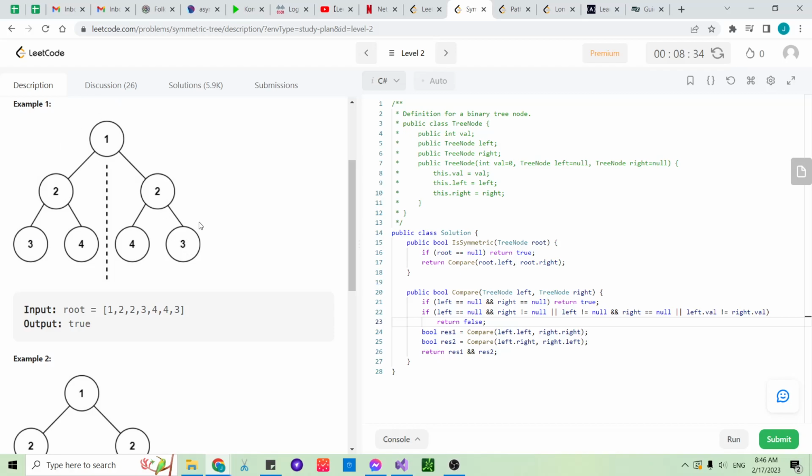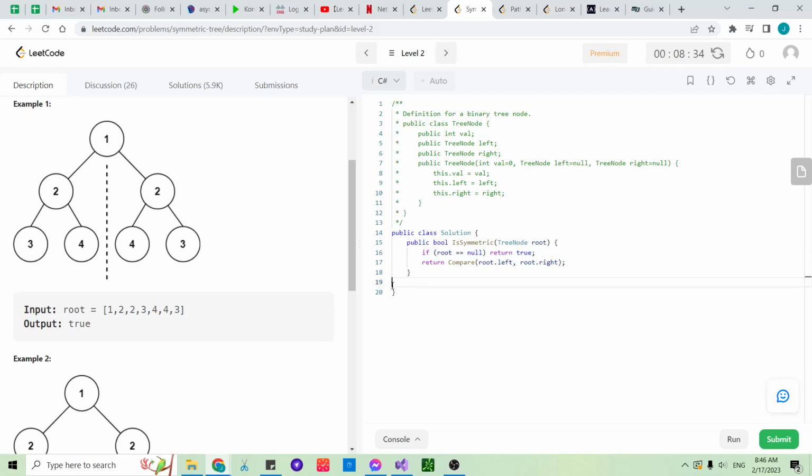And now that is dequeued, the next one in the queue is 4, and we will do the same thing, compare their values, and then enqueue their children in the opposite order for the left and right halves. So that should be a working algorithm. Let's see if we can write that.